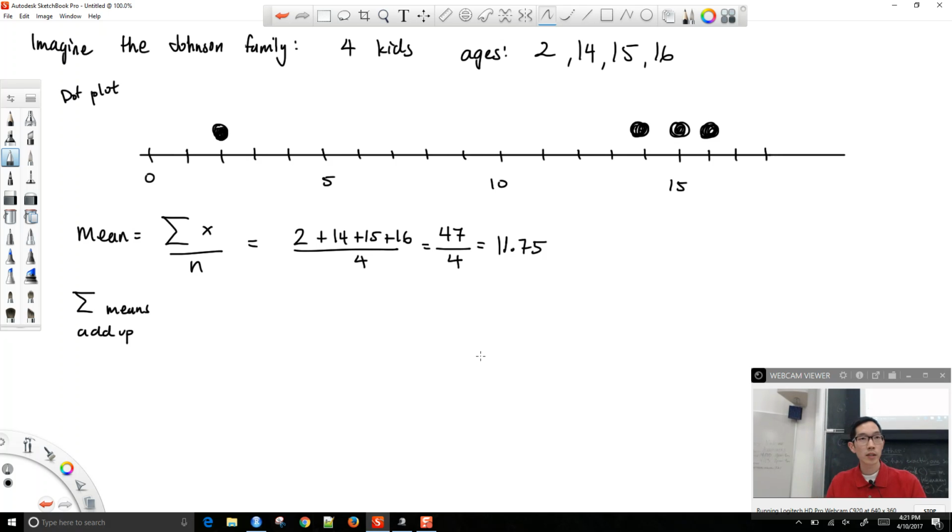Good? Okay, and so the conceptual definition of the mean here is that it is the balance point of our data.